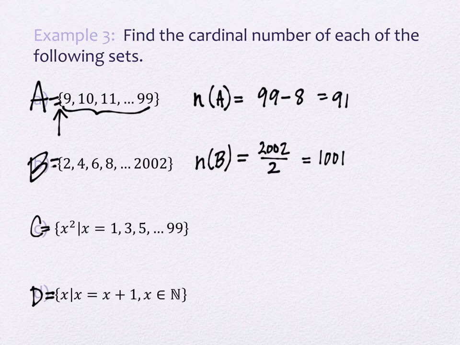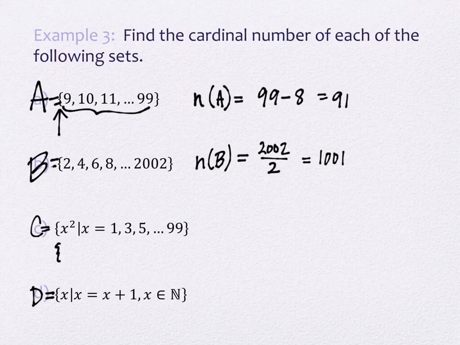Okay, C looks way scarier than it really is. This is set notation, which we're still getting used to, I realize. This set, if I were to write it out, is the set of squares. It's x squared, and it's telling you what the x values themselves are: 1, 3, 5, 7, and so forth.